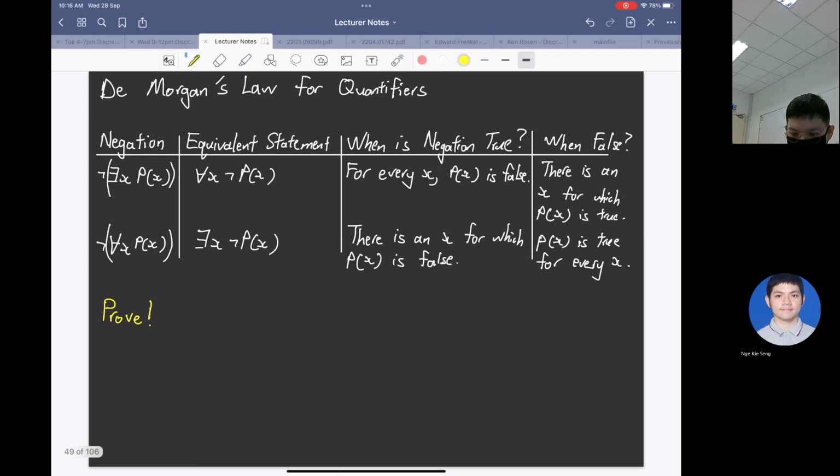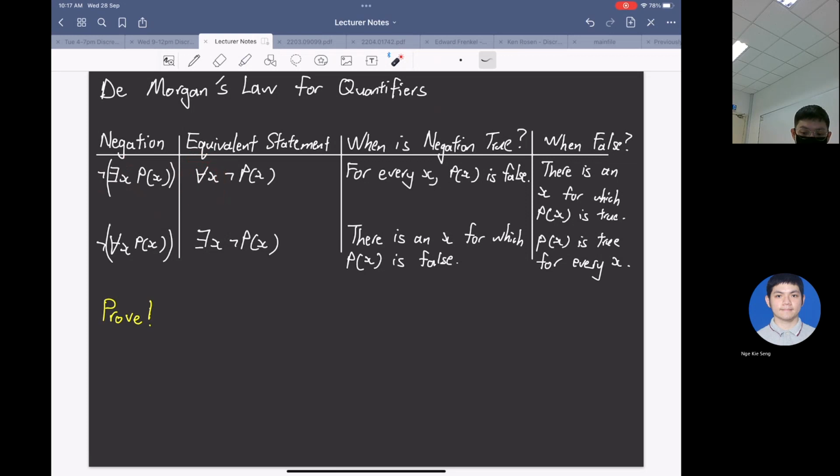Next, this is De Morgan's law for quantifiers. In the first half of the class, we learned about P without x. Now we introduce x. Once we introduce x, we need some quantifier to make sense of the sentence P(x). Similarly, we can take its negation. When we negate the existential quantifier, it becomes a universal quantifier.